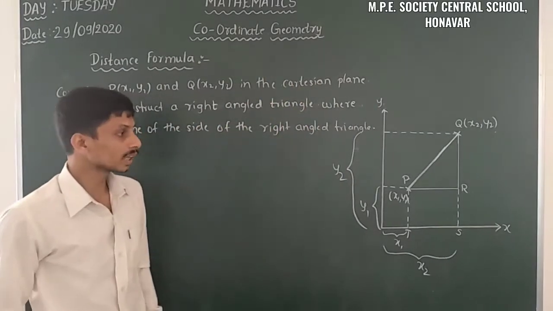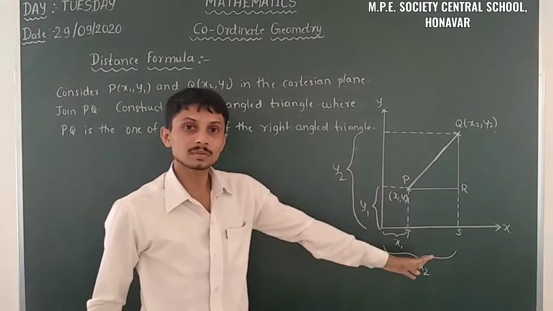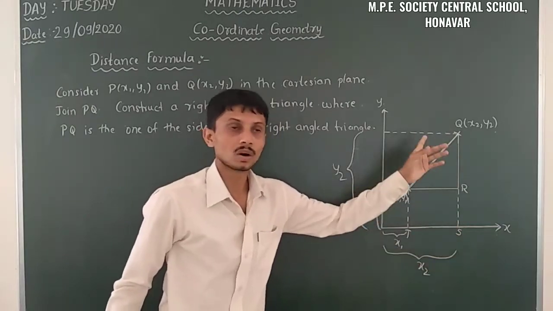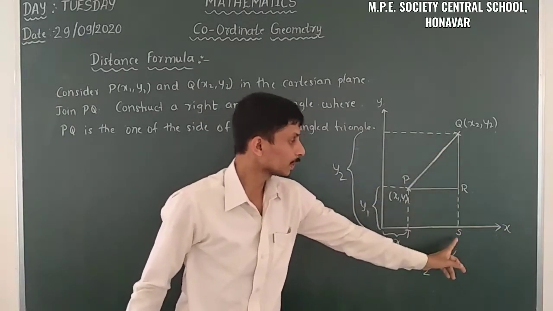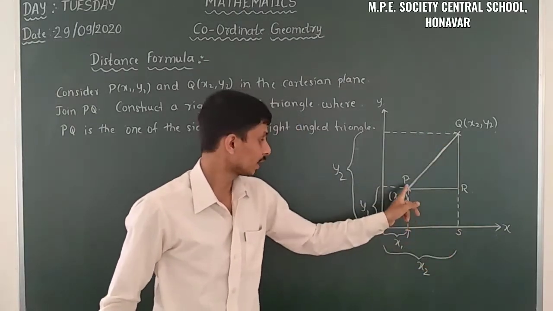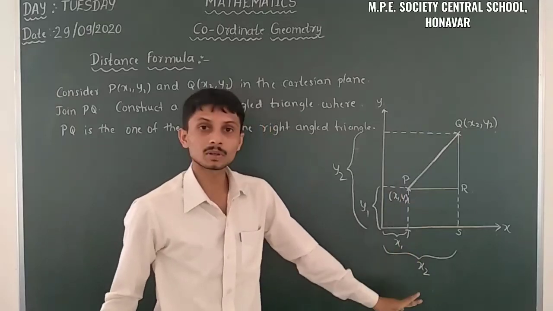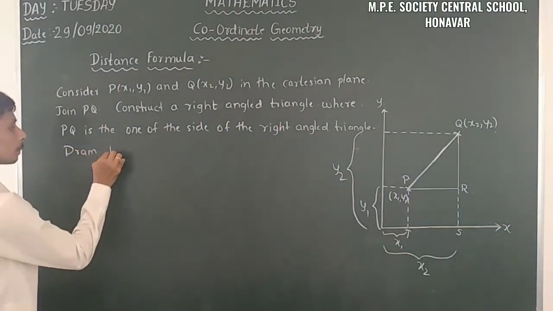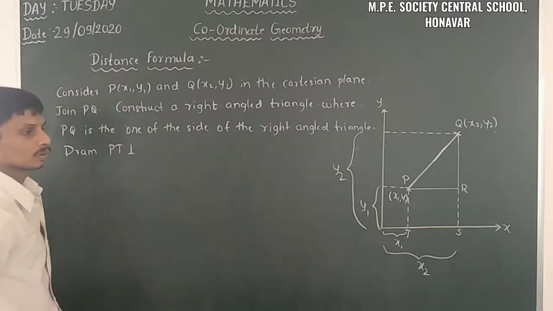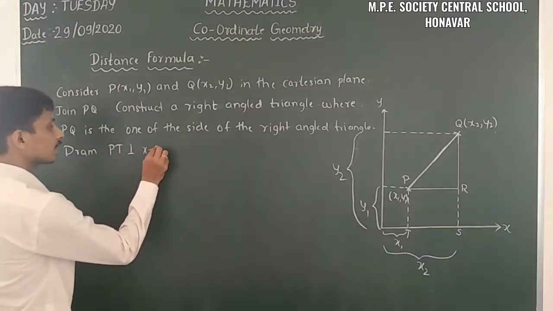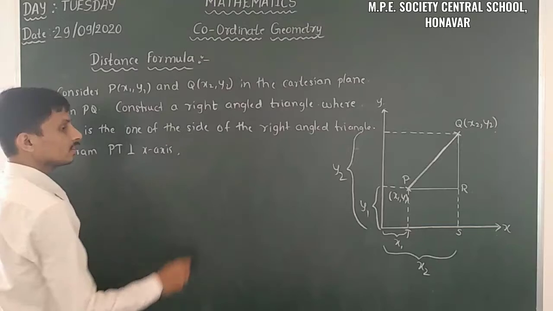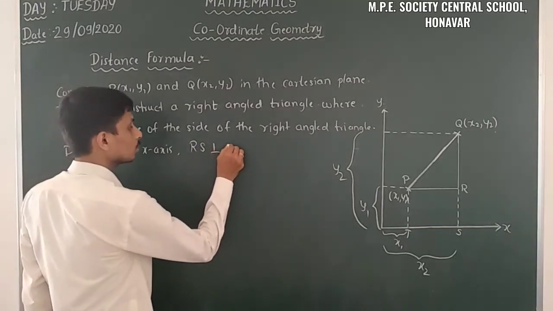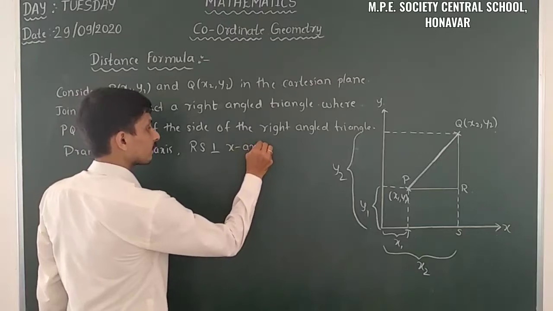Yes. So then we construct some lines: QR is perpendicular to the x-axis and PT is perpendicular to the x-axis. Then draw PT perpendicular to the x-axis and QS perpendicular to the x-axis.